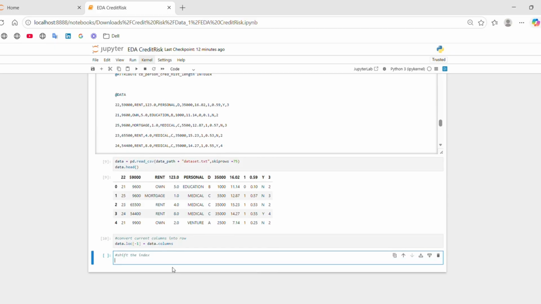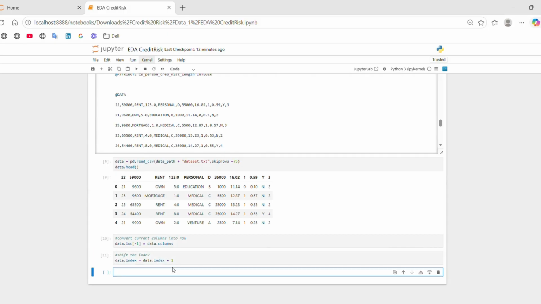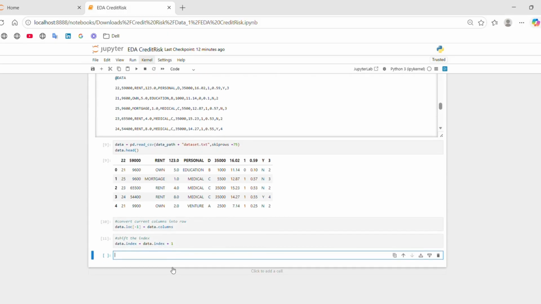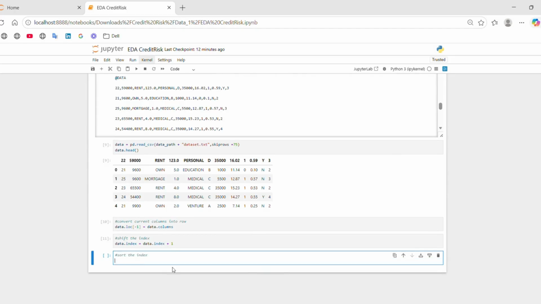Then we'll do the shifting of the index. Shift the index. For this, we'll do data.index equal to data.index plus 1, and then we'll sort the index.